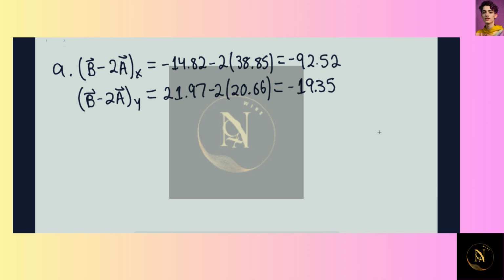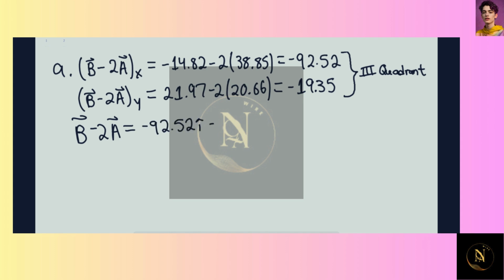And so both components are negative. So here, it'll be the third quadrant. And given this, let's do the vector form, with j hat, and then find the magnitude.